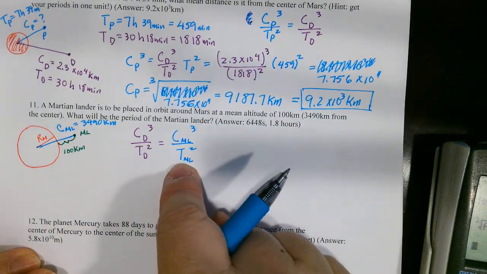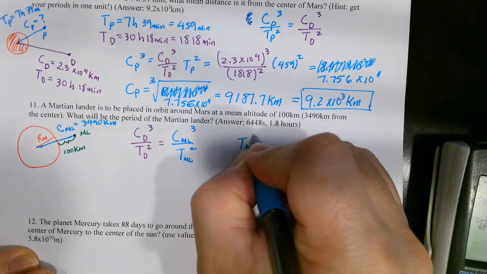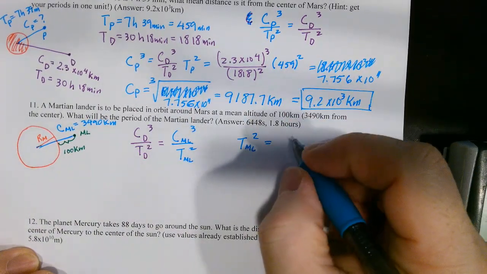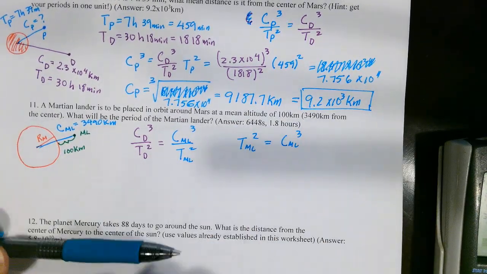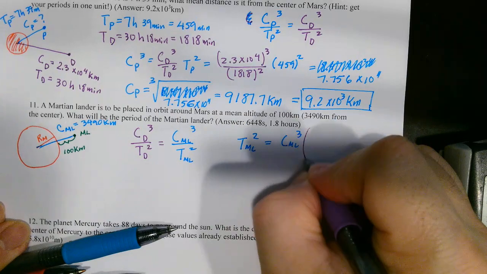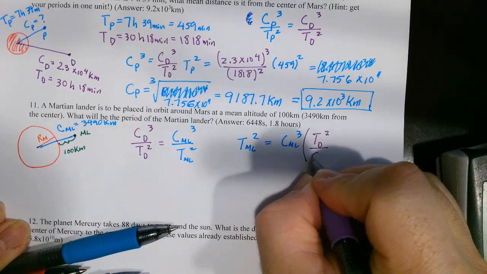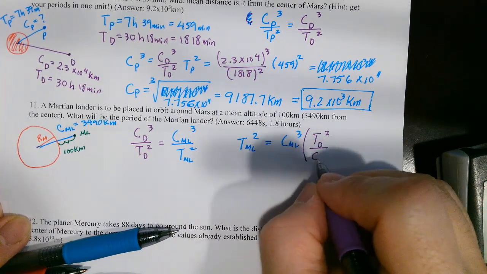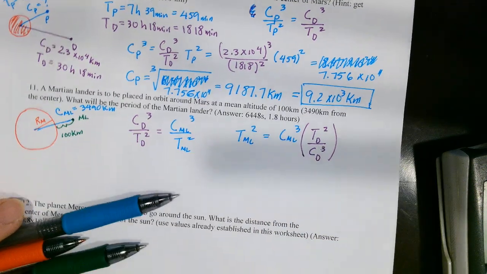If we solve for Mars lander period squared, then bring this to this side, and we have C Mars lander cubed times T Deimos squared over C Deimos cubed. Okay?